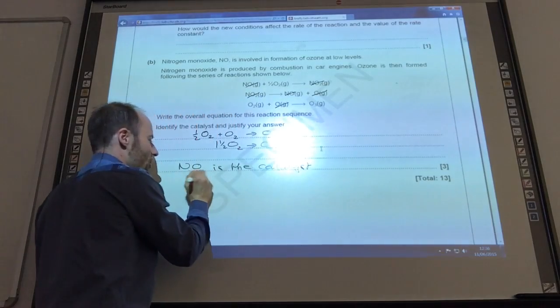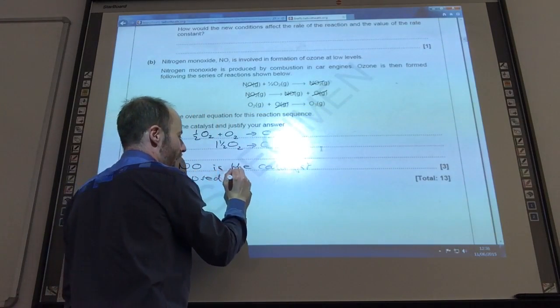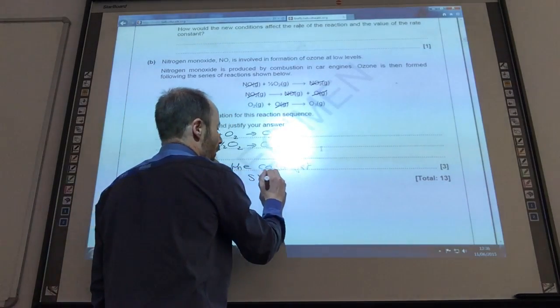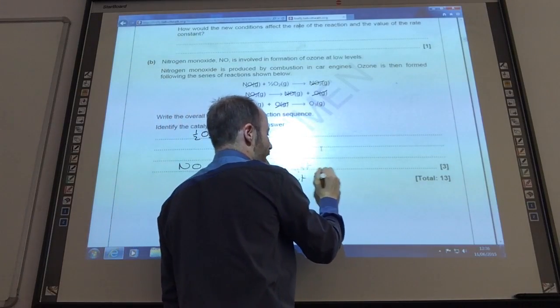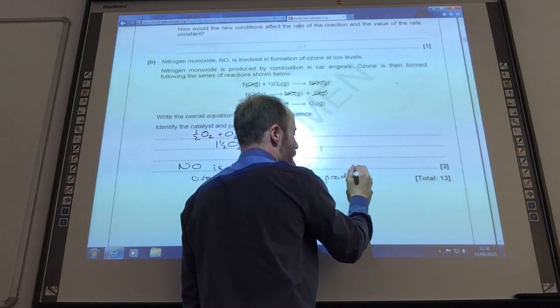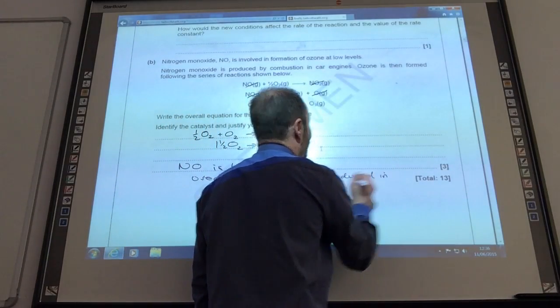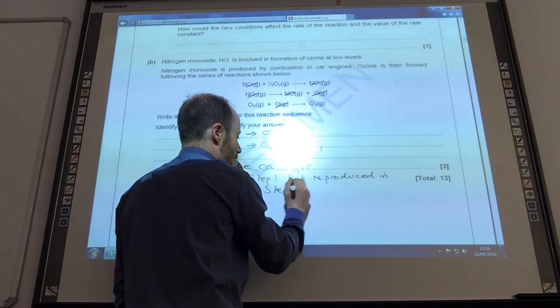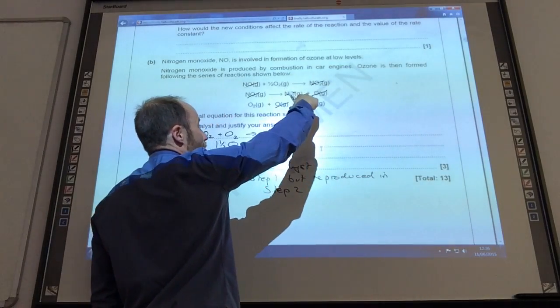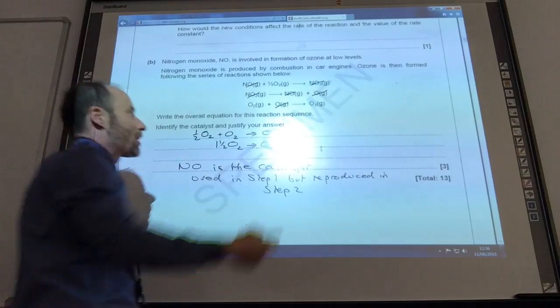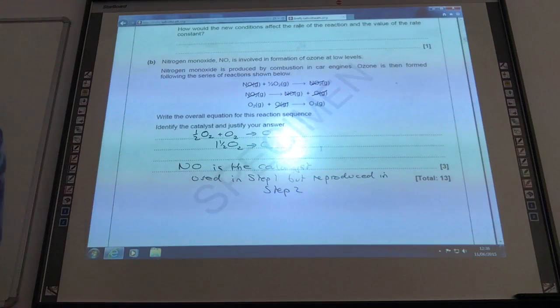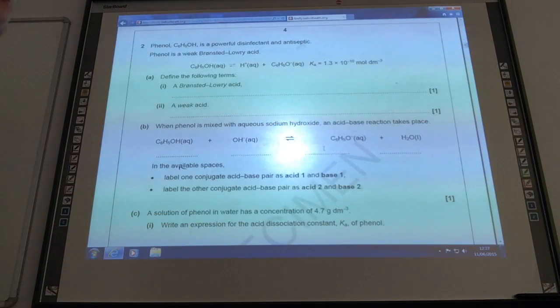Well, it's because it's used in the first step, used in step 1, but reproduced or reformed in step 2. I use it there, I reproduce it there, so it keeps cycling the reaction around. Right, so that's question 1 out of the way.